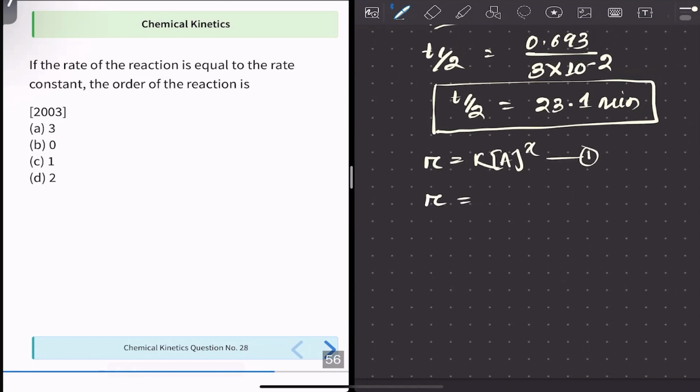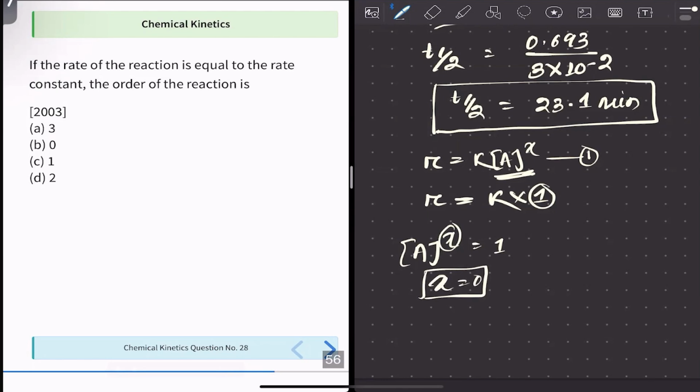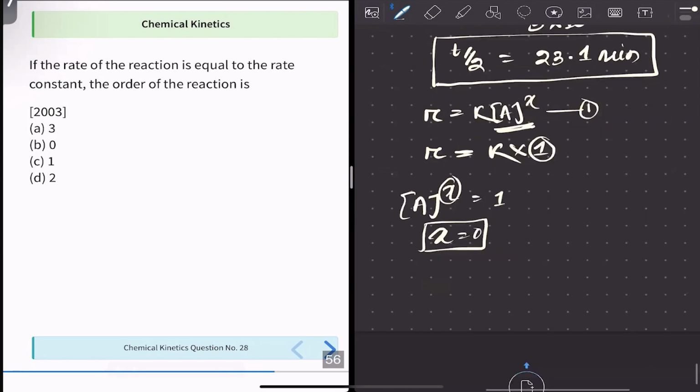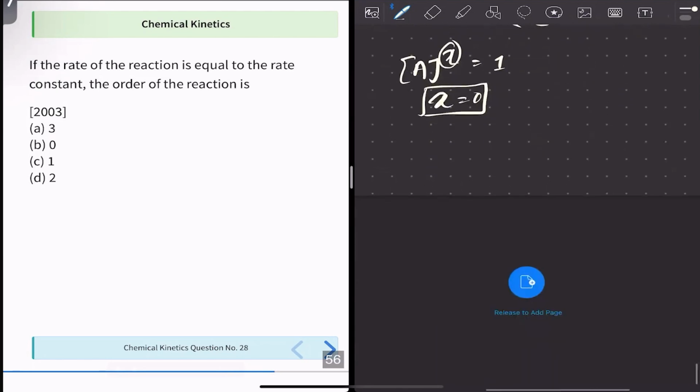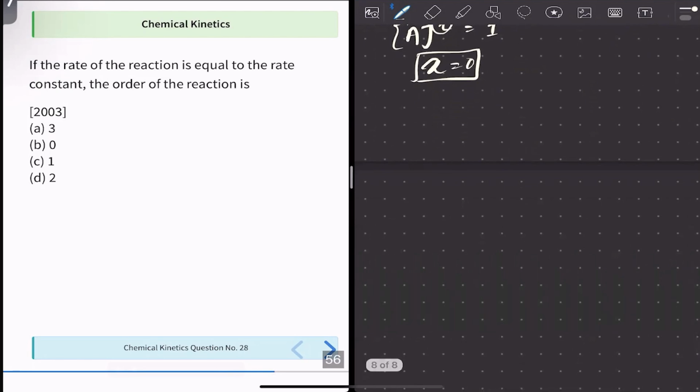That is, R equals K into 1. So what is the order of the reaction? A to the power X is equal to 1. So what will be the value of X? A to the power X will be 1, so X value is 0. It is a zero order reaction. Okay. So option B is correct.